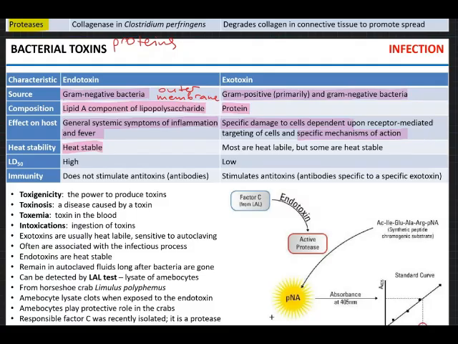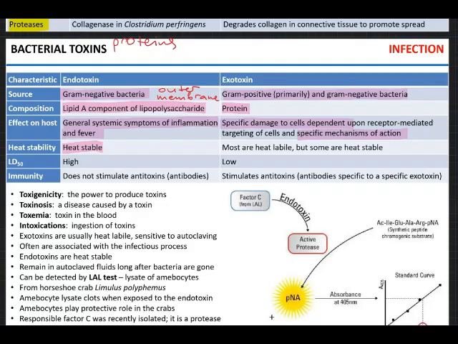Think about this. Let's say you have a watery solution that you want to inject into a person. So you autoclave this solution to kill all the microorganisms. You kill all the microorganisms.